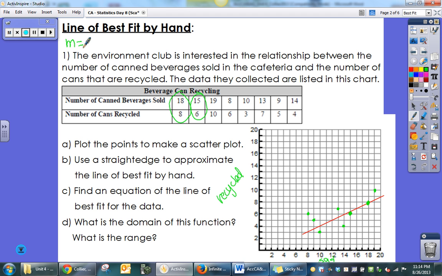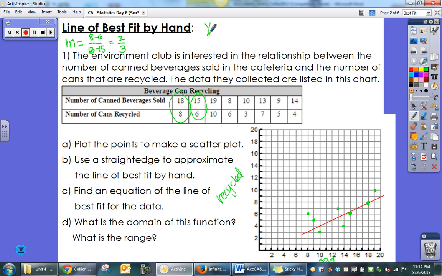Our slope is our change in y over our change in x. So I've got 8 minus 6 in the numerator, 18 minus 15 in the denominator, and so that becomes 2 over 3. So I've got a slope of 2/3, and then I'm going to choose one of the points to plug in.